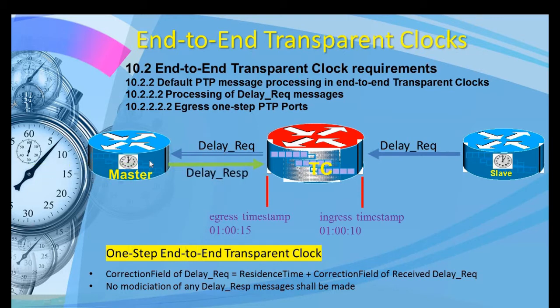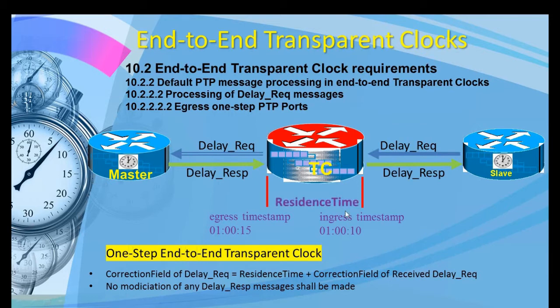After receiving the delay request message from the slave side, the master will send out a delay response. The delay response message just goes through the transparent clock, not modified in any way, and reaches the slave side.